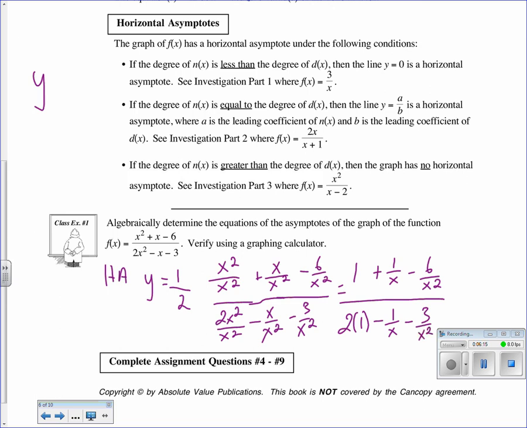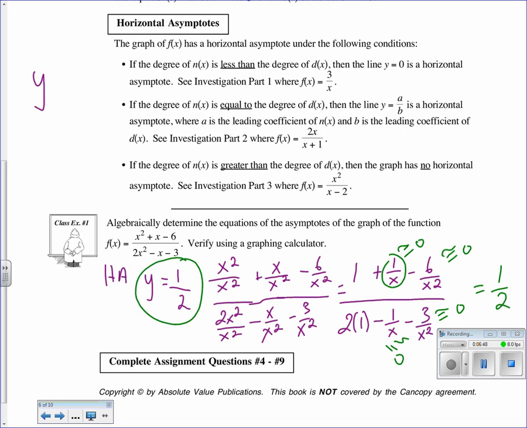The 1 over x, 6 over x squared, or 3 over x squared terms, as x gets very, very large or as x gets very, very small, those numbers approximate to 0. They basically become 0. So I'm left with 1 over 2, which I suggest is my horizontal asymptote.